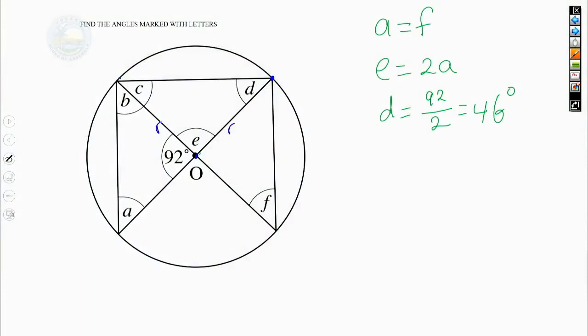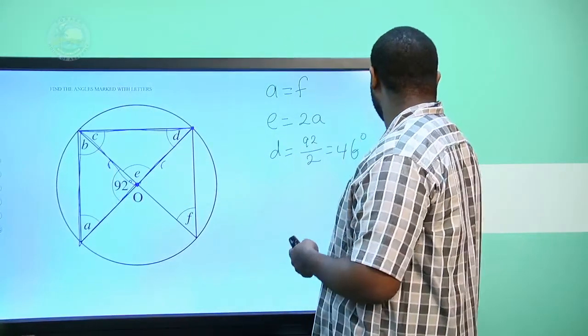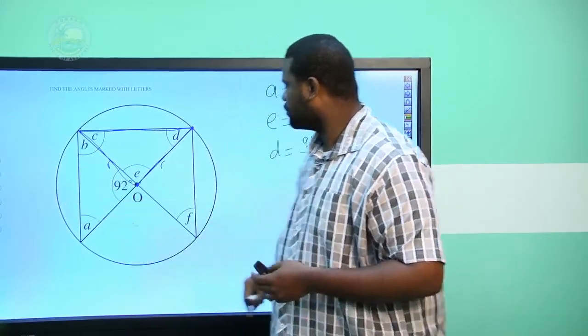So what then is this shape? It's an isosceles triangle. And similarly, we could have done the same thing here, because this is another isosceles triangle. So we know that in an isosceles triangle, the base angles are equal.